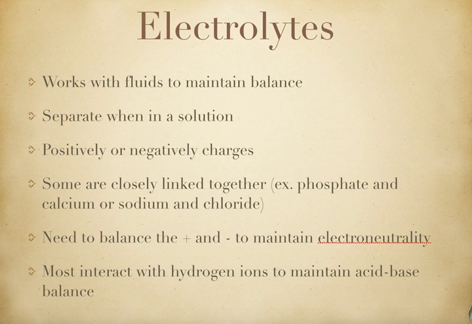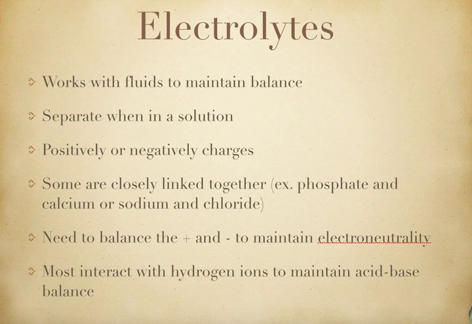So let's switch gears and talk about electrolytes. So the electrolytes work hand in hand with the fluids to maintain homeostasis or balance. They are something that separates when in a solution, and they are either positively or negatively charged. There are some electrolytes that are very closely linked together, like phosphate and calcium.